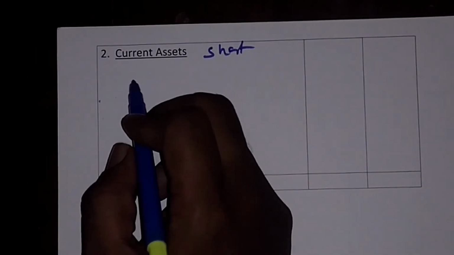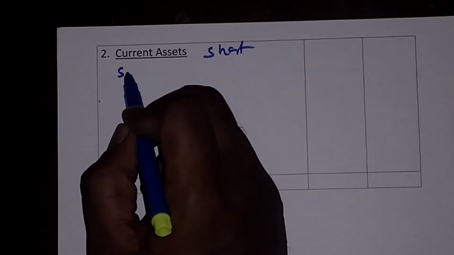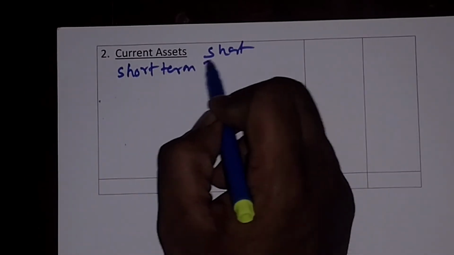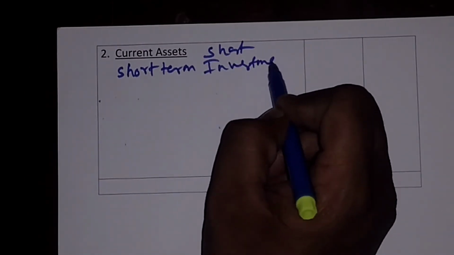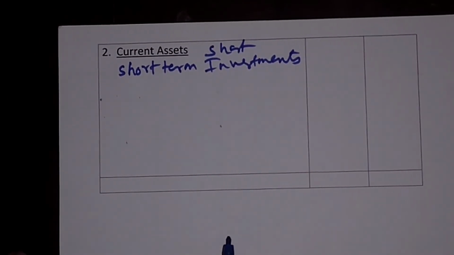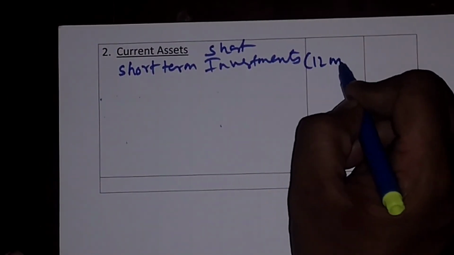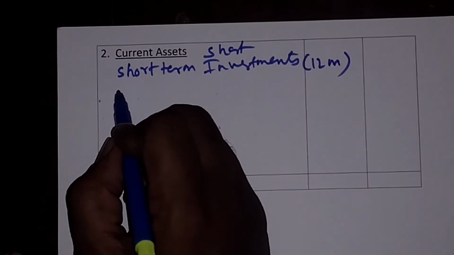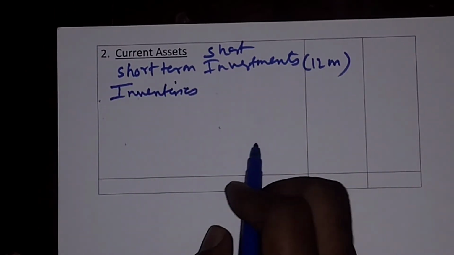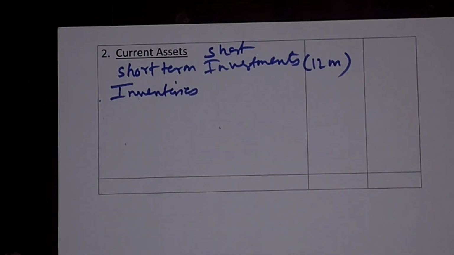Therefore, the very first one is short-term investments. What are short-term investments? The investments which will be held for less than 12 months. The next one is inventories. What are inventories? Inventories means stock.